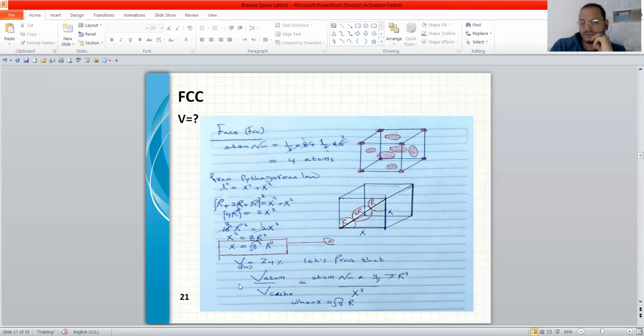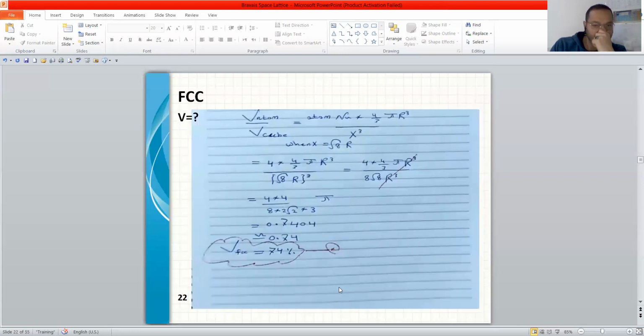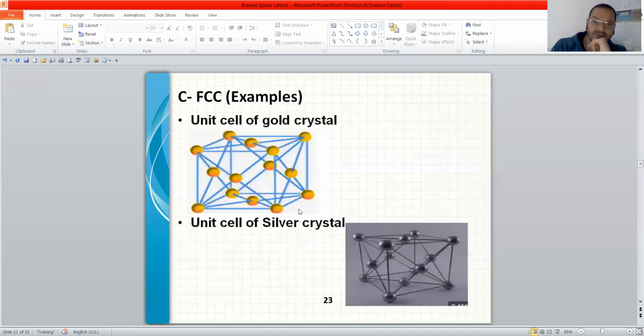V atoms divided by V cube equals the atom number. Here it's 4 times 4/3 pi r cubed, divided by x cubed. Here we know x equals root 8 times r, to be equal to 0.74, or we can say approximately 74%.